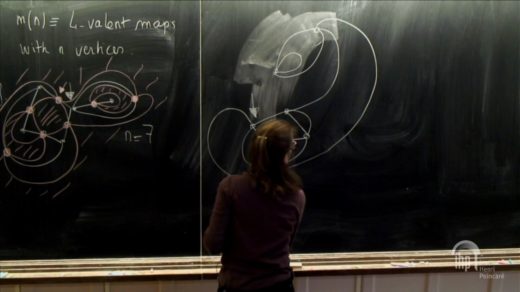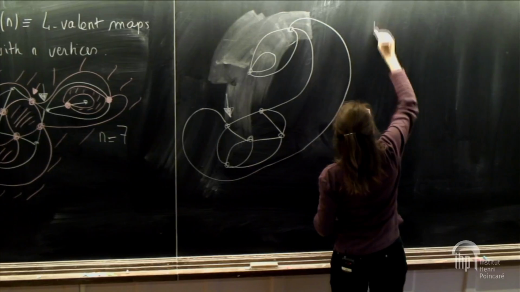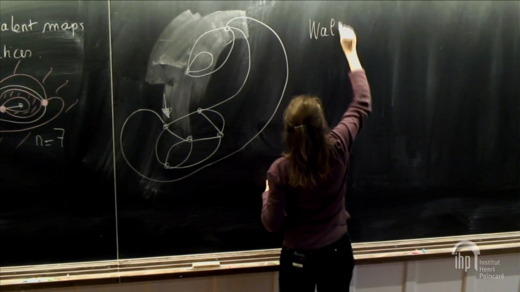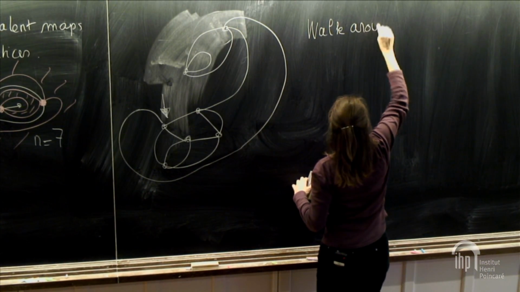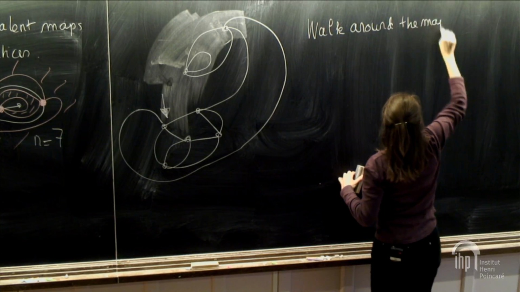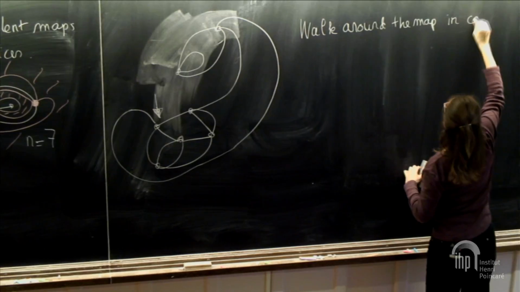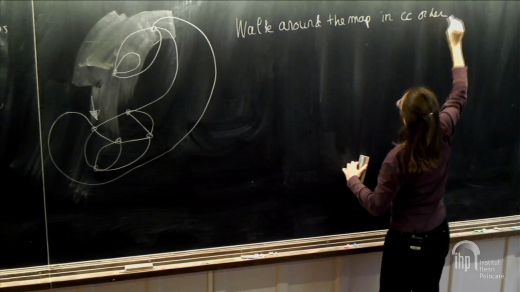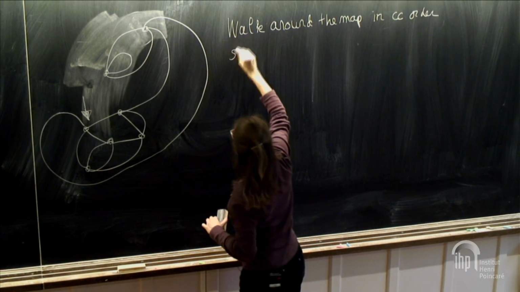So the recipe is as follows. So you walk around the map, say in a counterclockwise order, starting from the root.